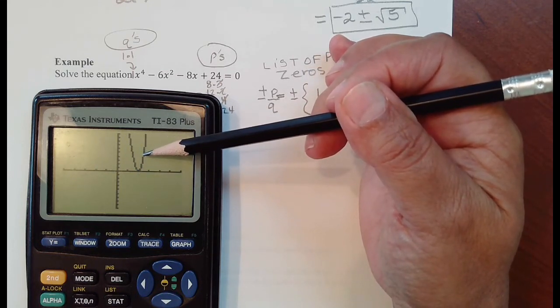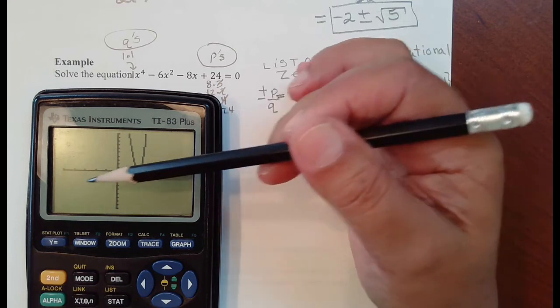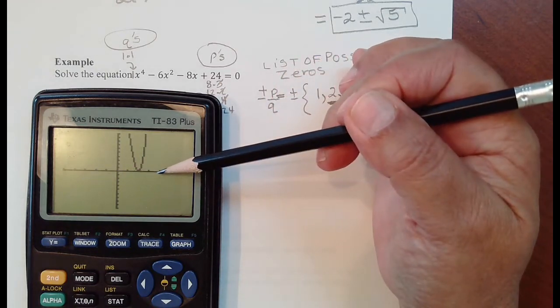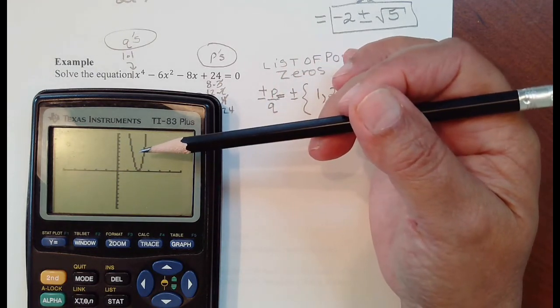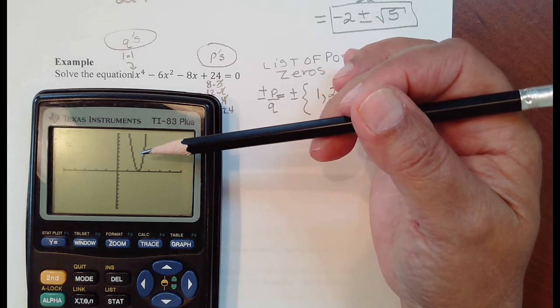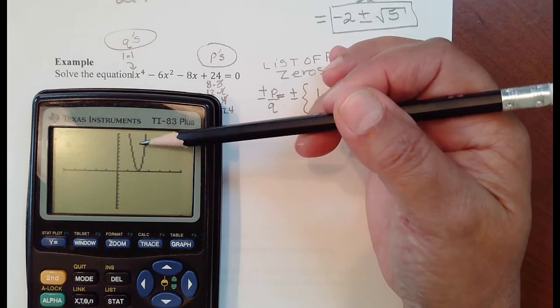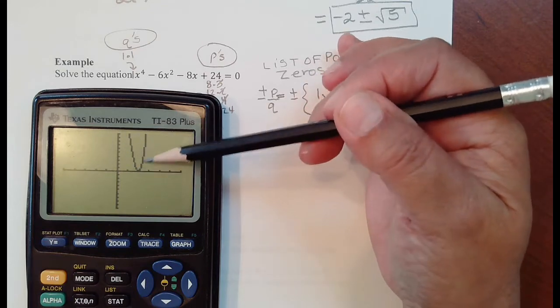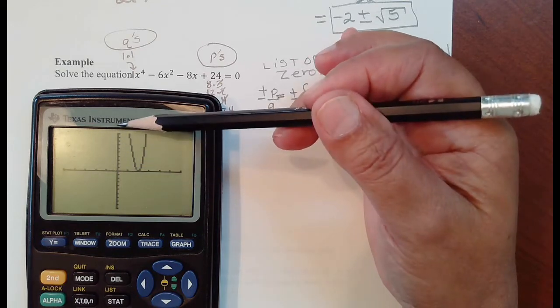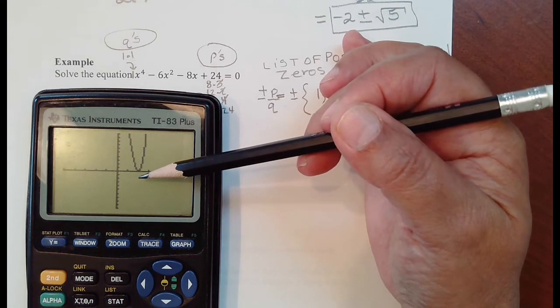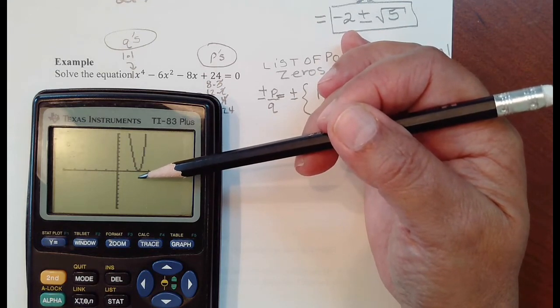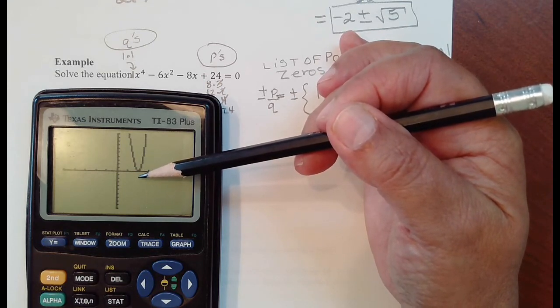And if you remember when we were learning to graph, we would find the x-intercepts, and then we would talk about multiplicity. And if the multiplicity was even, we knew that this was going to be a touching point rather than a through point. Well, multiplicity also means something with respect to the solutions you're finding.